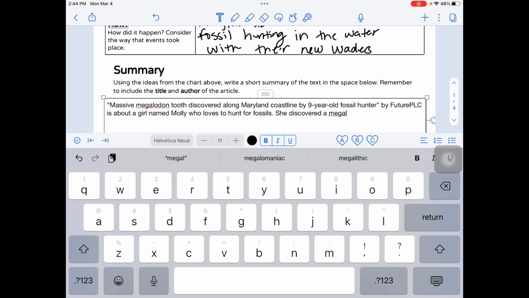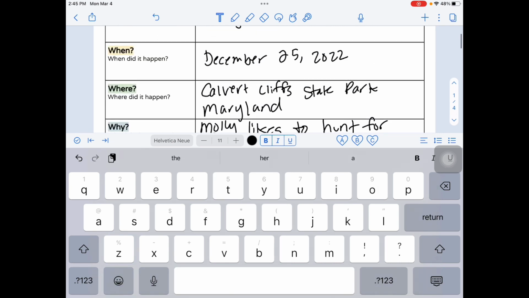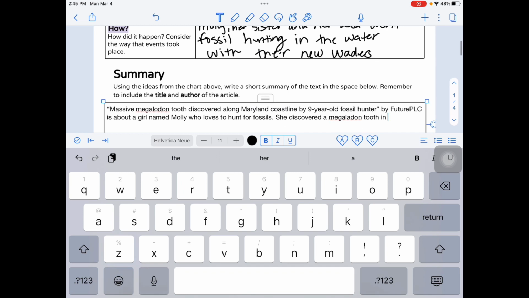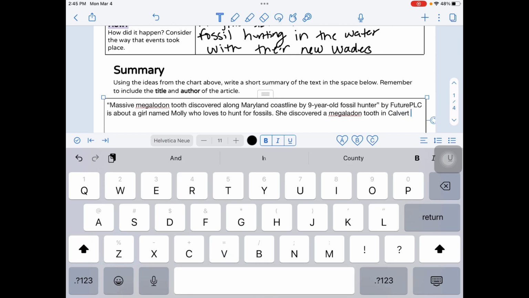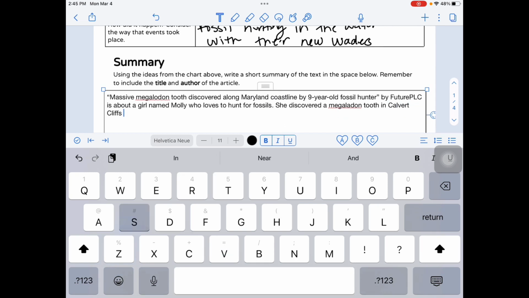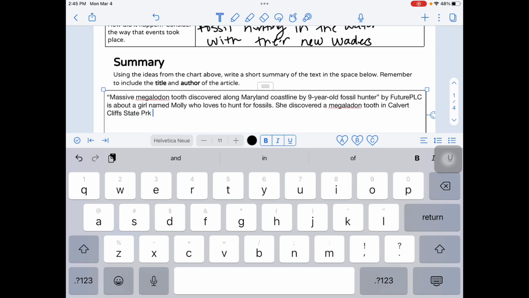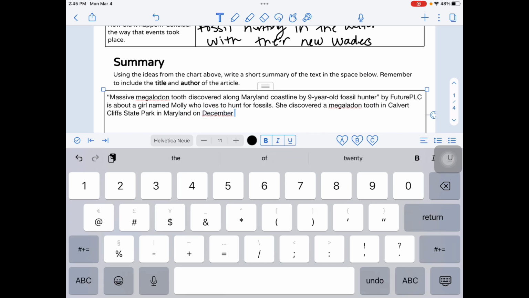And again, it does not like to spell megalodon. So she discovered a megalodon tooth in, what was it called? Calvert Cliffs State Park in Maryland on December 25th, 2022.